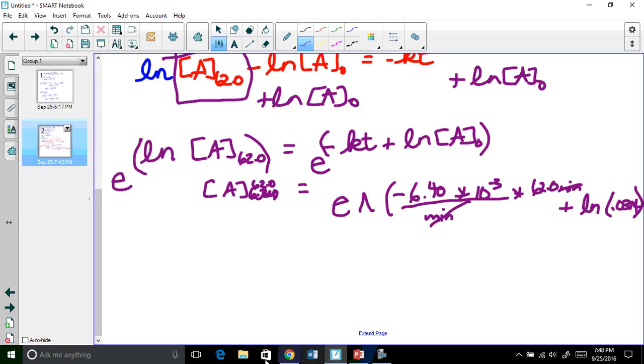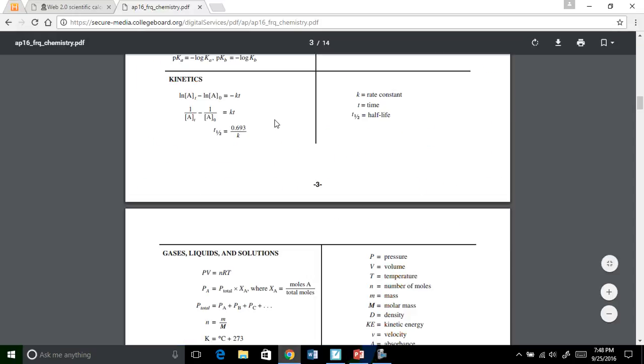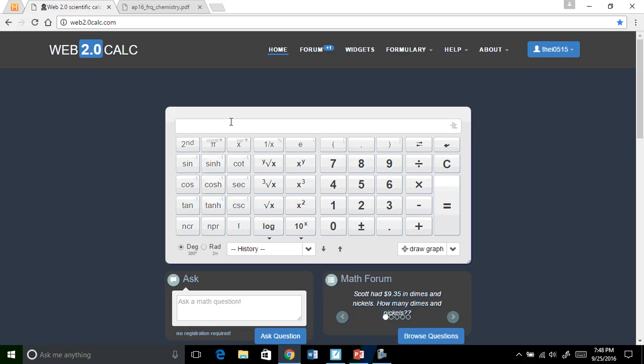And at this point, I would just let the calculator do the work. So I have this calculator, and so I'm going to go, this e to the, and then I'm going to put in, I think this is negative.